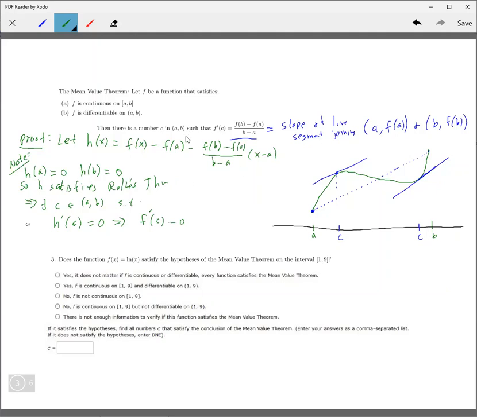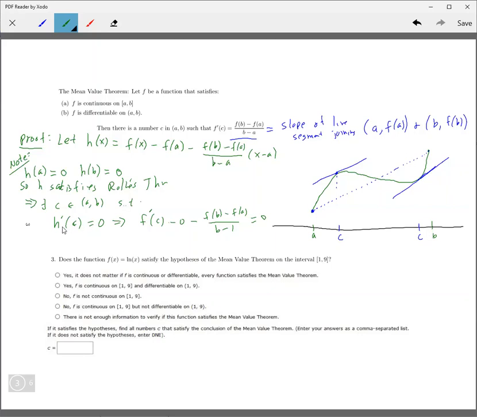Okay, and that means if you plug the c in here, just take the derivative of this. The derivative of this is f prime of c. The derivative of this is 0 because it's just a constant. After you plug the a in, you're just going to get a number. All of this is a constant, and this is x minus a. So the derivative of this is 1. So the derivative of this whole thing is f of b minus f of a over b minus a.